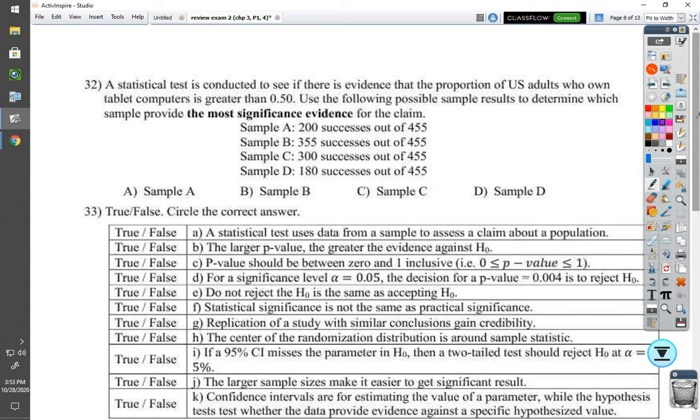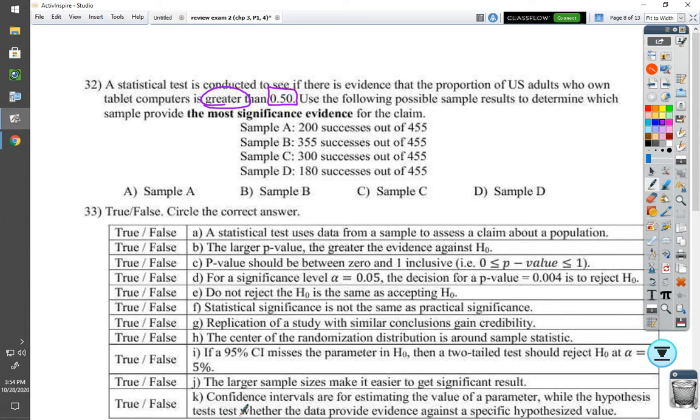Number 32, a statistical test is conducted to see if there's evidence that the proportion of U.S. adults who own tablet computers is greater. I'm going to circle that, greater. It's greater than a p-value of 0.5. Which one of these provides the most significant evidence?